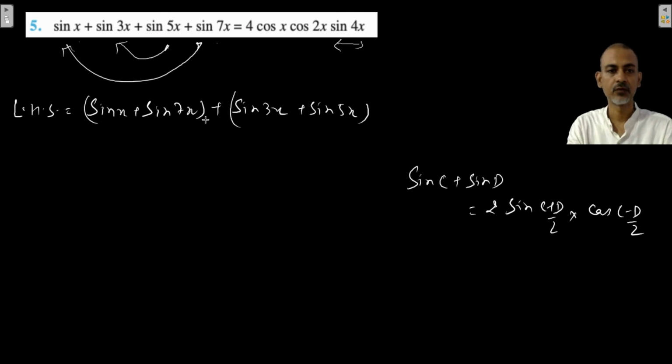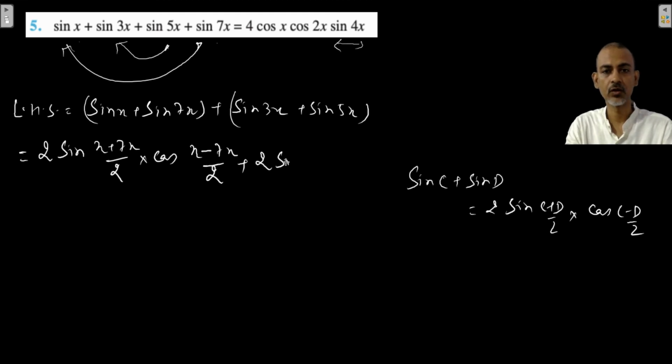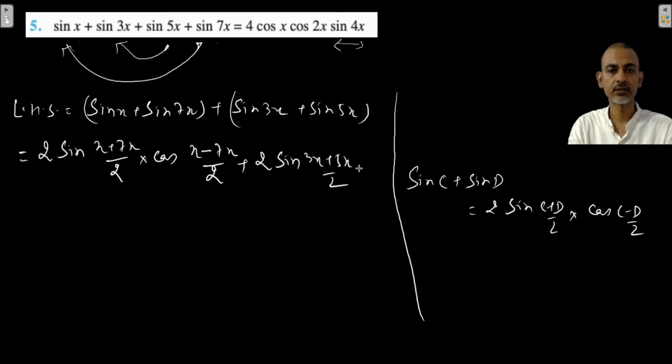And now we have sin c plus sin d, and then we will use the formula. So we'll get 2 sin of (c plus d) by 2, which is (x plus 7x) by 2, into cos of (c minus d) by 2, cos (x minus 7x) by 2. Similarly, this will become 2 sin of (3x plus 5x) by 2, and then the next term will become cos of (3x minus 5x) by 2.